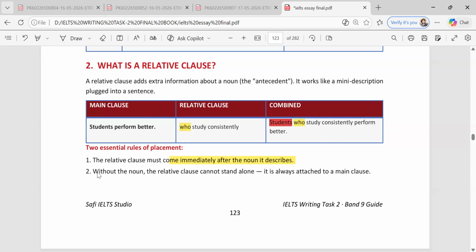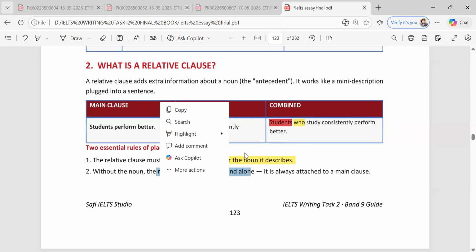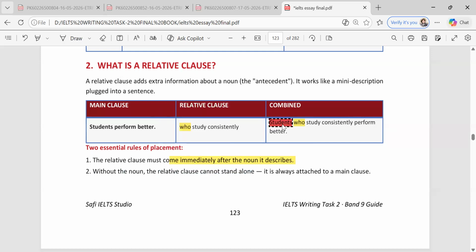Students. Without the noun, a relative clause cannot stand alone. If you remove students, then who cannot stand alone. It is always attached to the main clause. Let's study them in detail now.